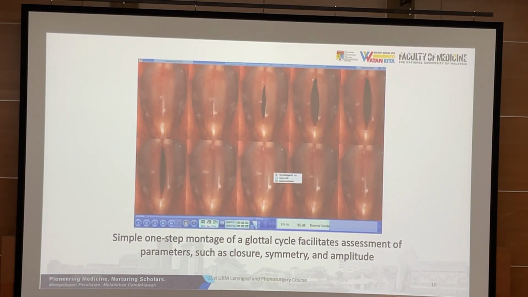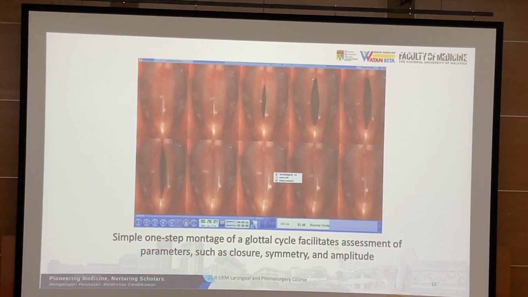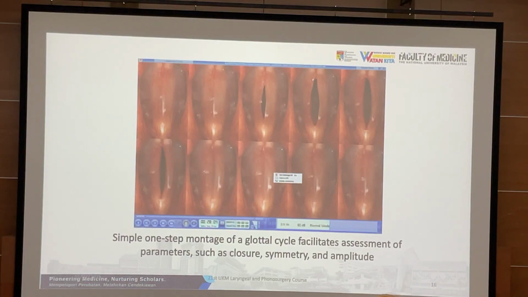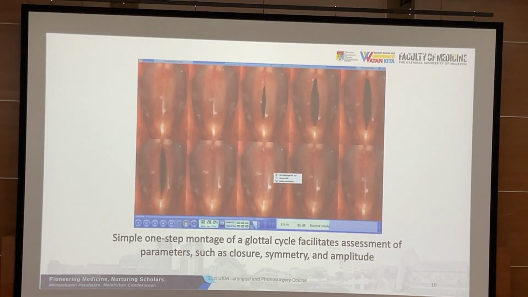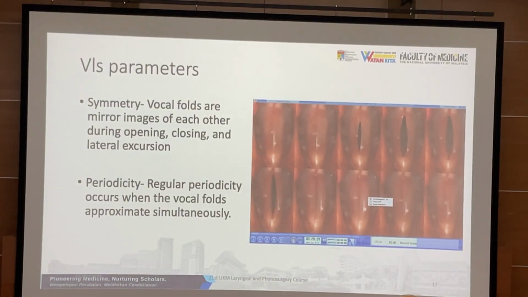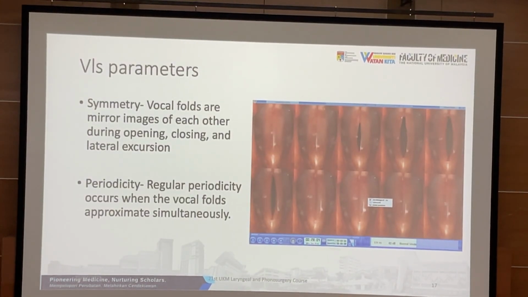I found that having this one-step montage of a glottal cycle helps you to assess the phase closure. It tells you how much air the patient is losing during speaking, during phonating. The longer the vocal fold open phase during phonation, the more fatigued the voice. The patient's maximum phonation time is shorter because there is a lot of air leak. So that is about phase closure or duration of closure.